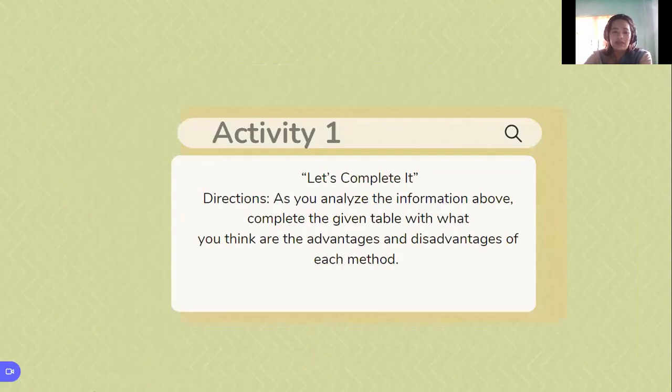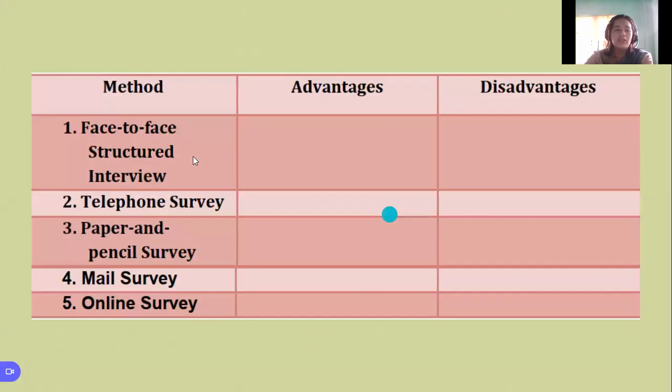To complete this, write the advantages and disadvantages of the different methods of survey: face-to-face structured interview, telephone survey, paper and pencil survey, mail survey, and online survey. Give the advantages and disadvantages as many as you can, a minimum of at least 3 advantages and 3 disadvantages. That's the minimum, but you can add more.